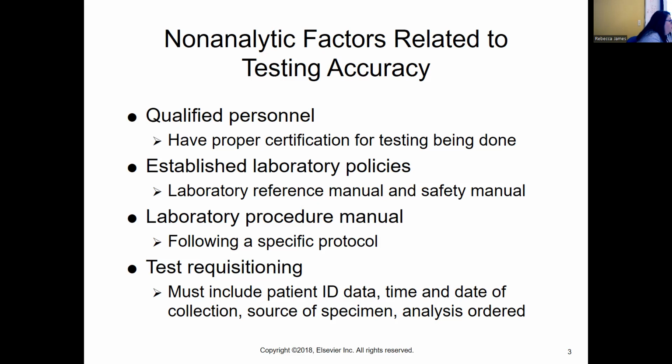And you're like, there are 50,000 tests that I can do on this one tube. Am I doing a CBC? Am I doing a sed rate? Am I doing an A1C? What am I doing on this test? I have no idea. You're not mind readers. You don't know. So you have to have that. And if it's not on that sheet, you ain't doing it, okay? There has to be a doctor's order.